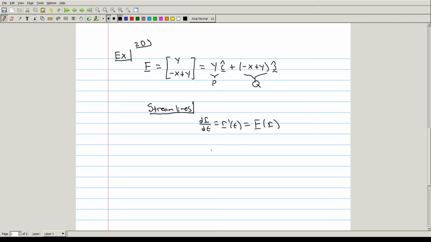And in 3D, this denotes three differential equations. The first one is dx/dt is equal to p of r, dy/dt is equal to q of r, and dz/dt is equal to r of r. And this is a system of three first-order ordinary differential equations.